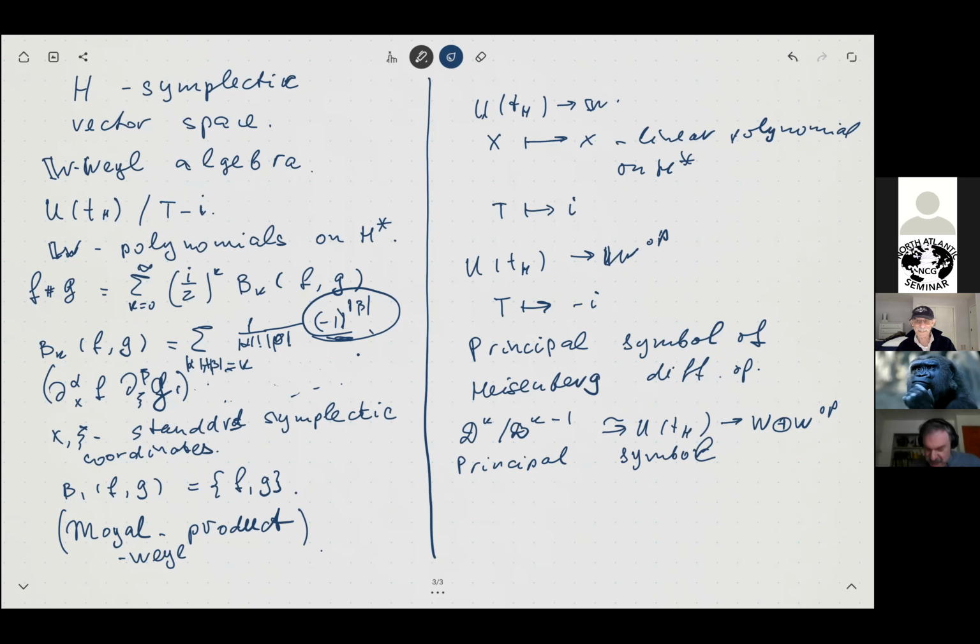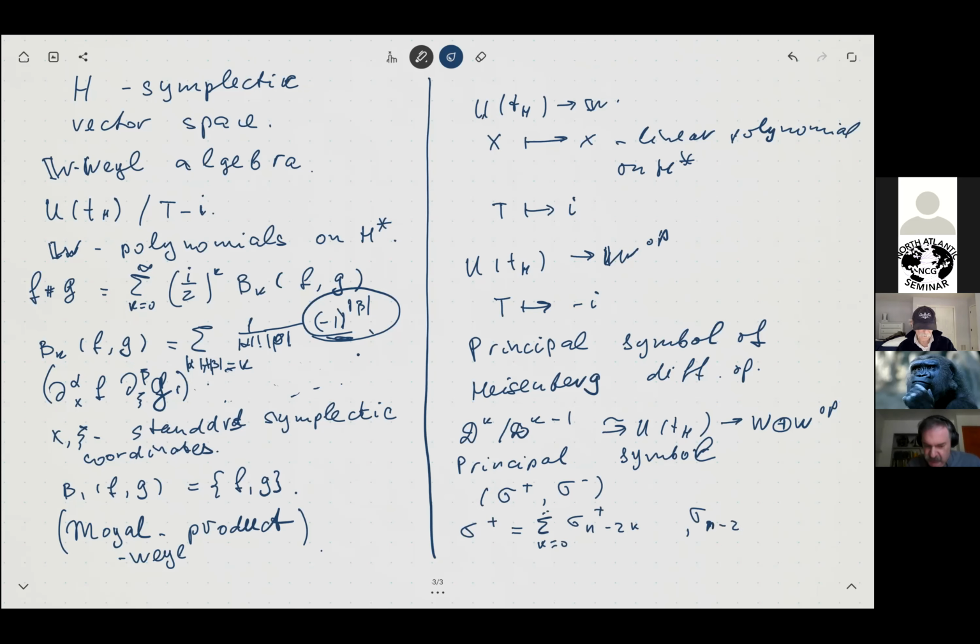So the principal symbol for a differential operator will be just a pair sigma plus, sigma minus, where sigma plus is a polynomial, and sigma minus.